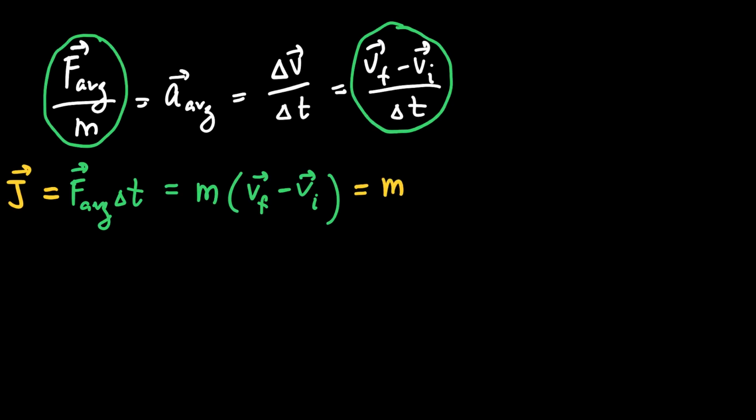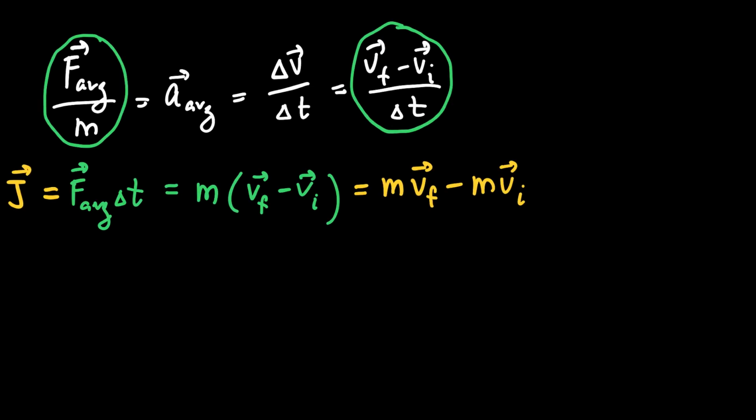So it can be written as m times v final minus m times v initial, where those velocities are vectors. And so we can think of impulse as being a force acting over a time interval, or we can think of impulse as a change in velocity that also depends on mass.